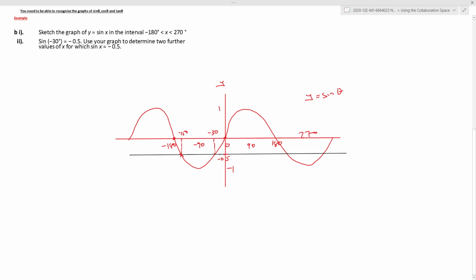And if I look on the other side, positive value here, where it intersects again. By symmetry, this point here is 30 degrees away from 180, so that's 180 plus 30, which is 210 degrees. So the additional values that implies then that x is equal to minus 30, which is that one there, minus 150, or 210.